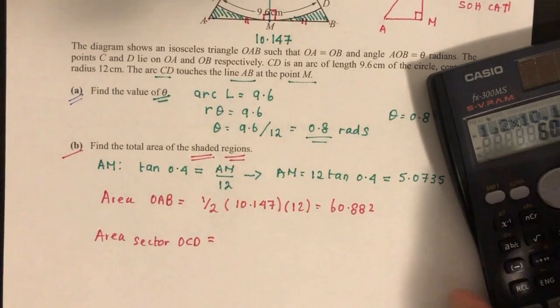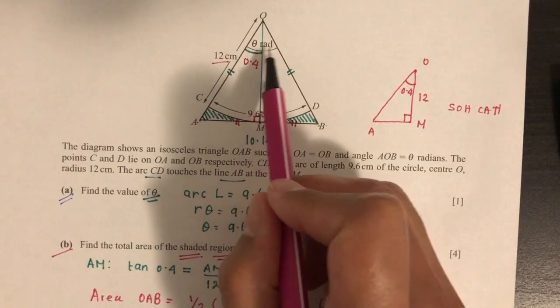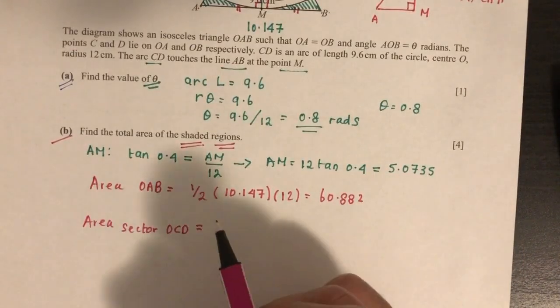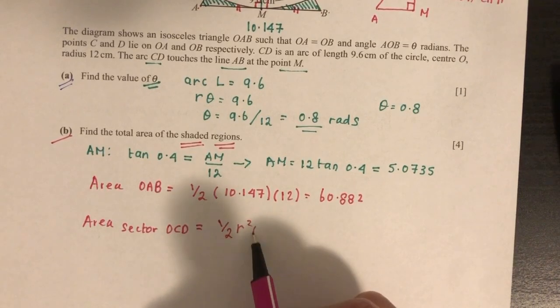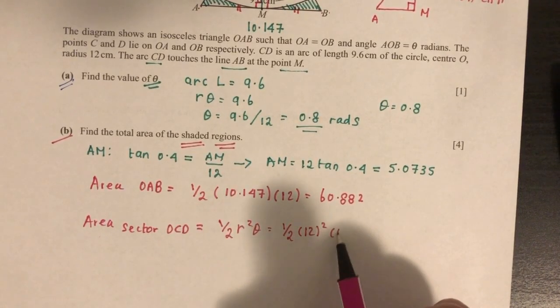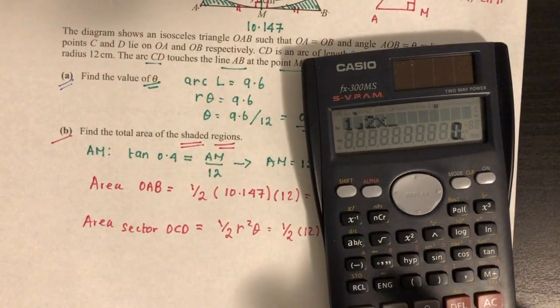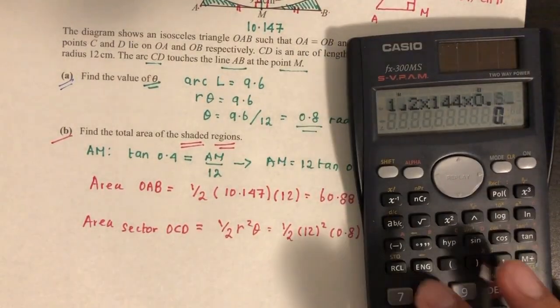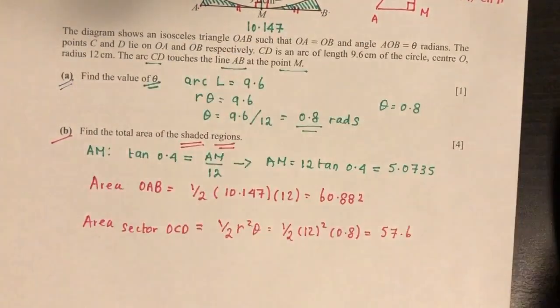Now, what is the area of sector OCD? So as you can see, the radius is equal to 12 and angle is theta, which is 0.8. So we have to use the formula, which is half r squared theta, which is half times 12 squared times 0.8. That will be 57.6.